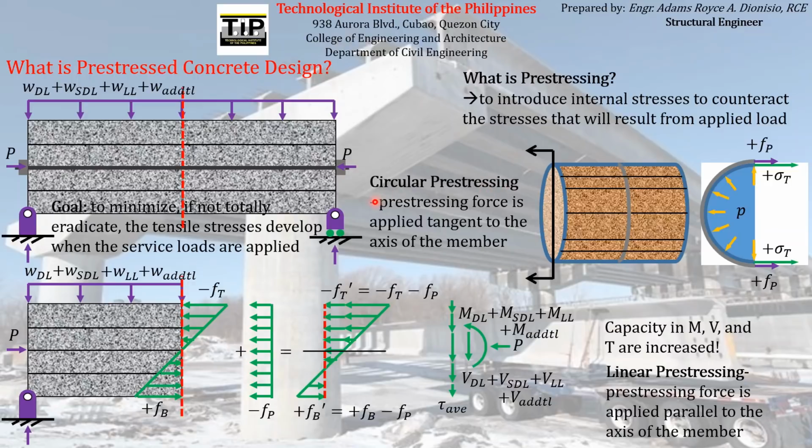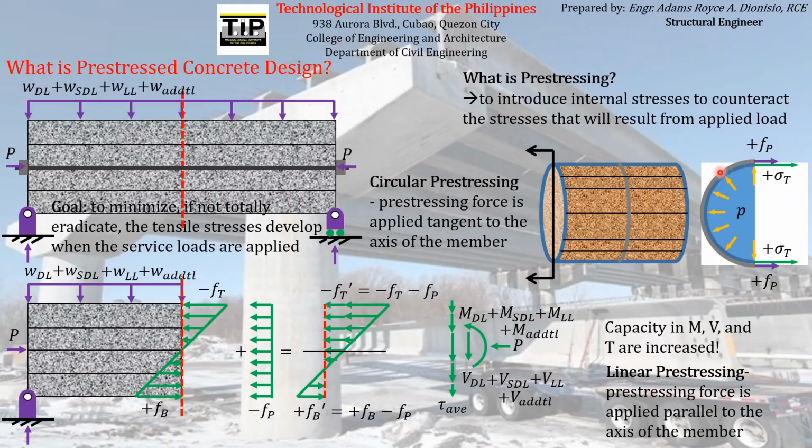Circular prestressing is prestressing wherein the force is applied tangent to the axis of the member. So if this is the member and this is the prestress, according to this figure, this prestress is acting tangent to this member, to the axis of this member.